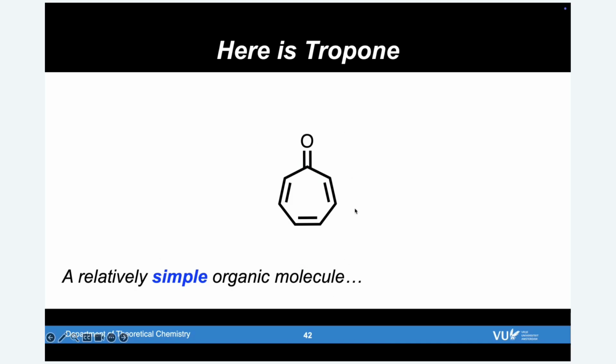So you have one oxygen atom, a few carbon atoms. Of course, there's hydrogens around, and it's in a cyclic form. So at first glance, quite a simple organic molecule, but it has a ton of potential to be a very useful reactant in a diverse range of cycloadditions.